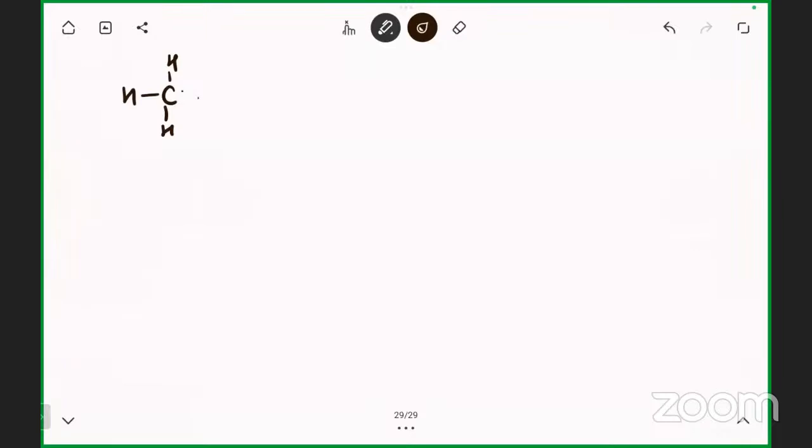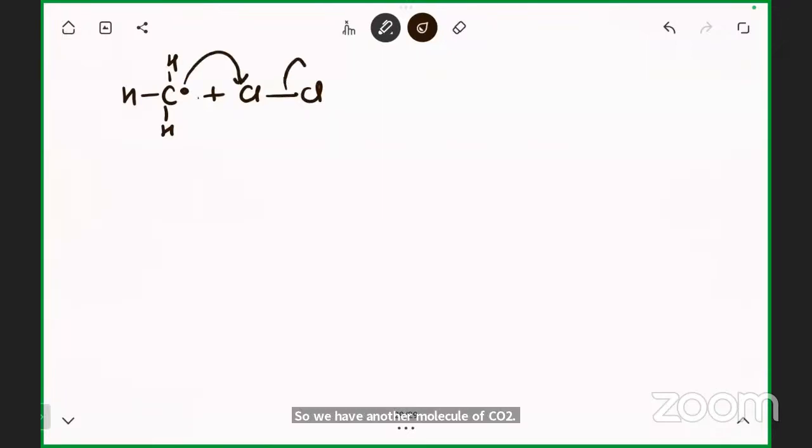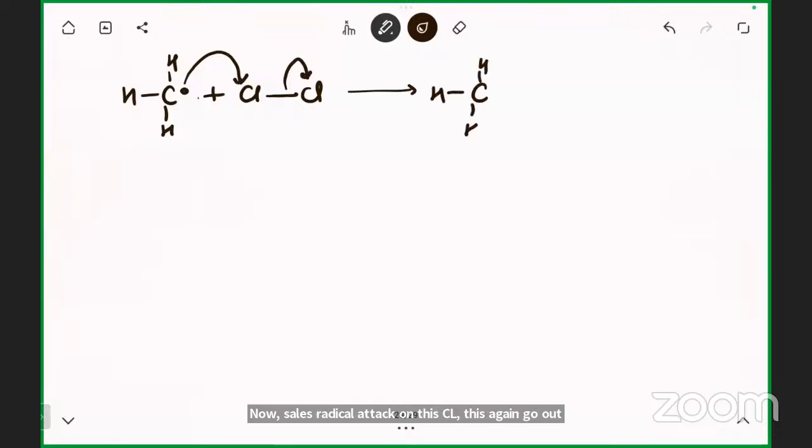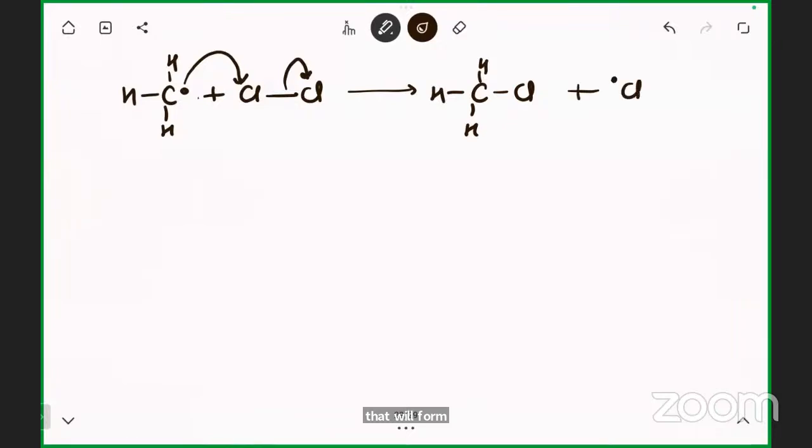CH3 free radical plus Cl2. This is chain propagation. So just propagate it, don't break it. So we have another molecule of Cl2. Now Cl free radical attacks on this Cl, this again goes out. So it will form CH3Cl, then Cl free radical again.